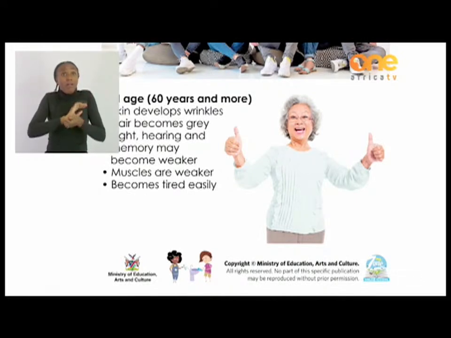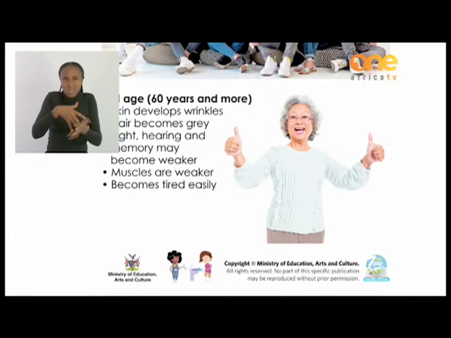The sight, the hearing, and the memory may become weaker. When you are staying with a grandmother or grandfather, they normally call you closer when you're talking to them because they can't hear well. Or sometimes you might realize that they even send you somewhere because they can't see well. The muscles become weaker.